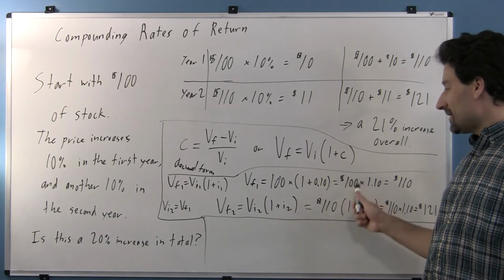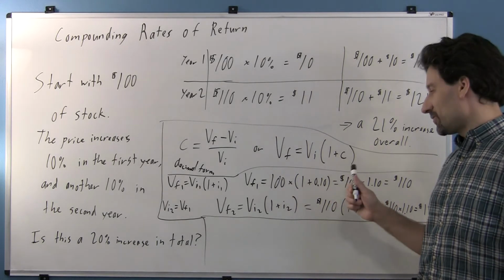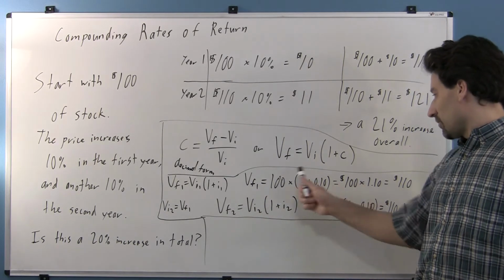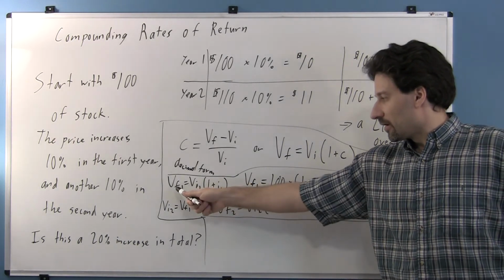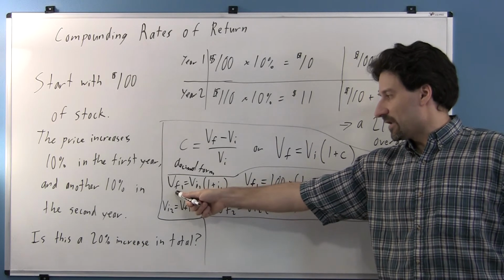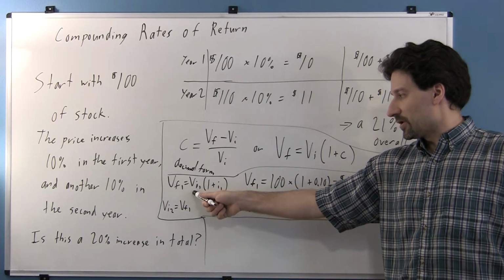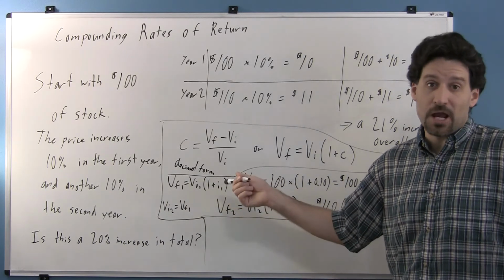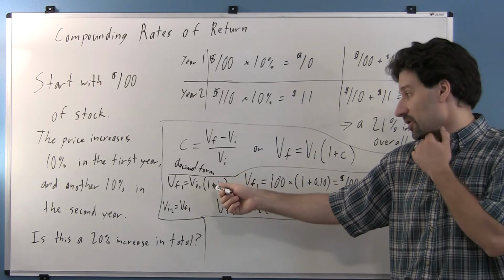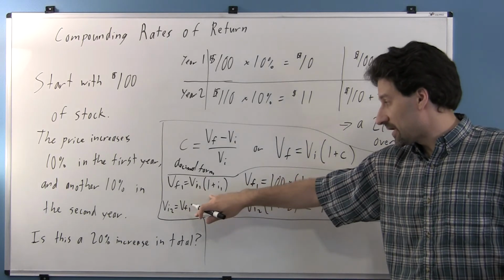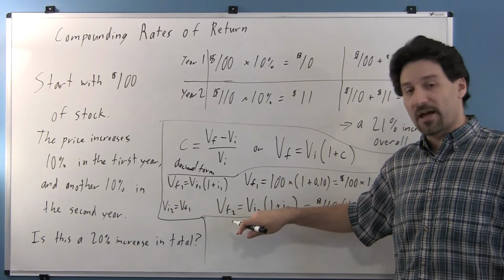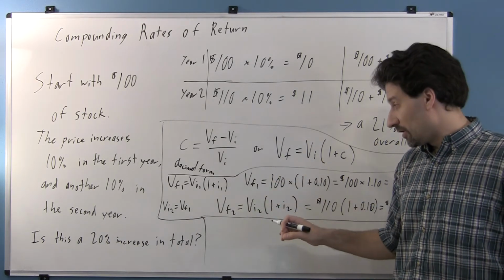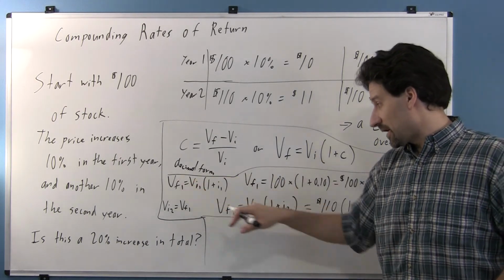Okay, so what do we get if we try to put those together? So here we have the final value at the end of year 1 is equal to your initial value at the start of year 1 times 1 plus the change happening in year 1. If we took this and put it in for the value of the start value for year 2, we can substitute this guy into here.